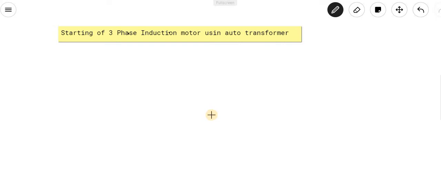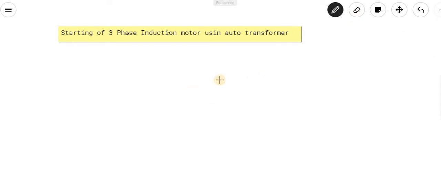Hello to all. Today we will be discussing the starting of a three-phase induction motor using an autotransformer. Before using the autotransformer as a starter, we will shortly explain what an autotransformer is, with a simple schematic diagram.